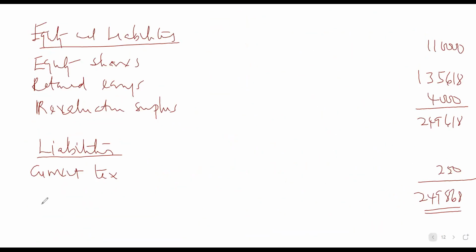So the retained earnings will be 135,618 minus 3,200. So that will be 132,418. Let me add plus 110,000 plus 4,000.